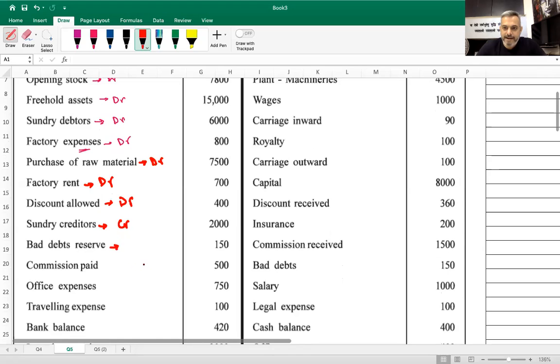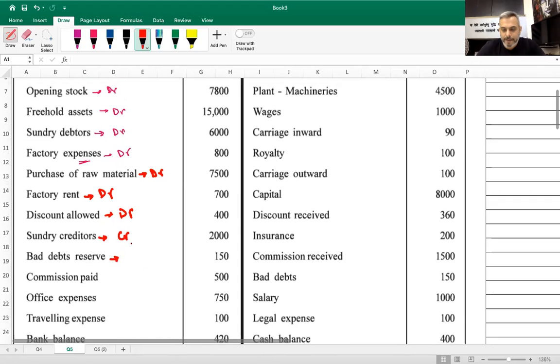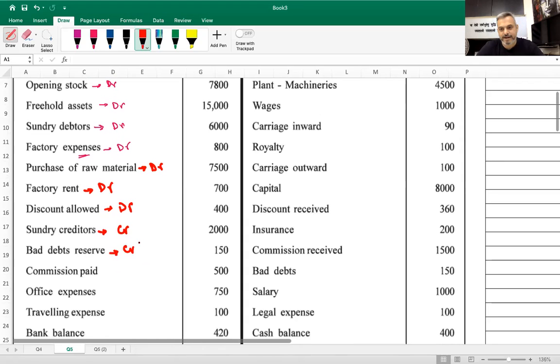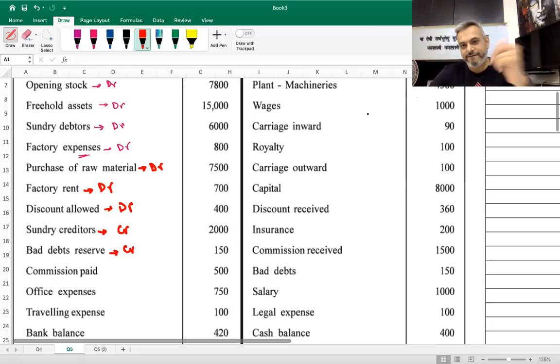Now, bad debt reserve, all reserves coming in the trial balance will have a credit balance. When we do final accounts, we treat it very differently. We will see when we go to final accounts. As of now, all reserves, provisions will have a credit balance.